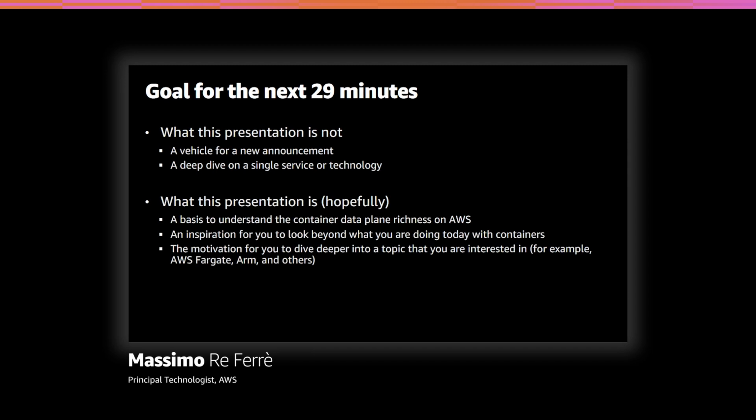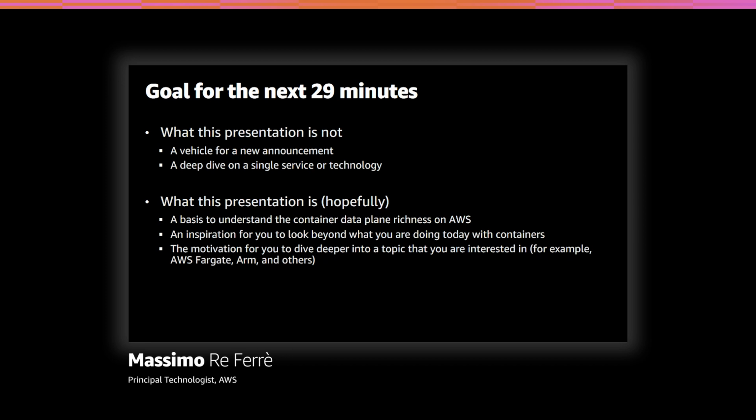What this presentation is intended to be is to challenge some of your assumptions in terms of what you need to run containers on AWS. So we want to give you an understanding of the richness of the data plane, and we want to give you elements to be inspired about things that you may want to look at to go beyond what you're using today to deploy your containers on AWS specifically.